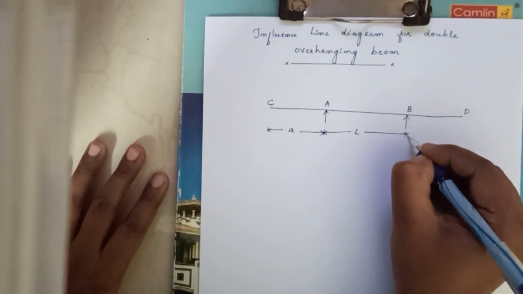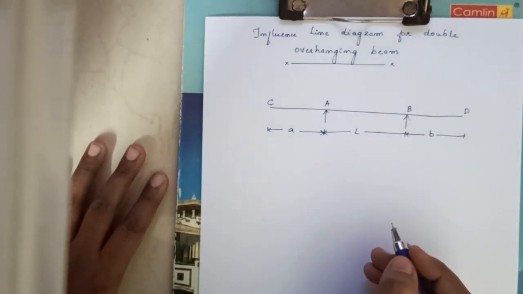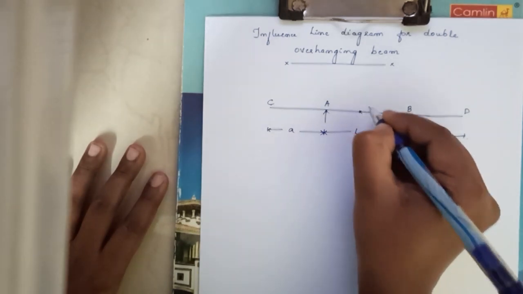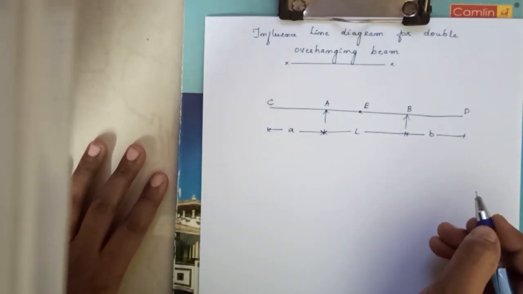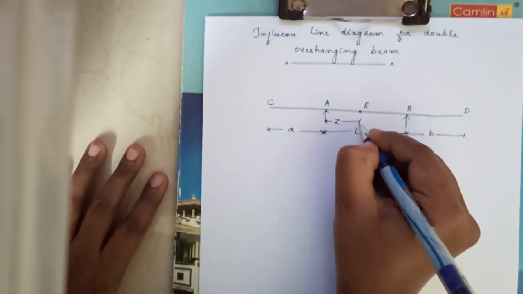BD has a span of small b. Let E be a section which is at a distance z from A.